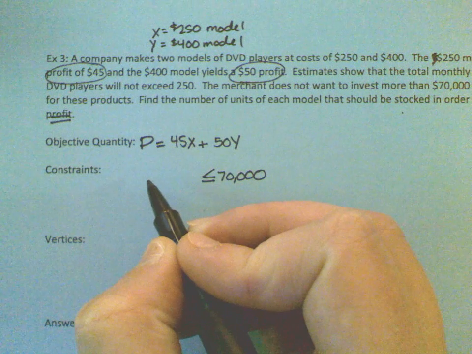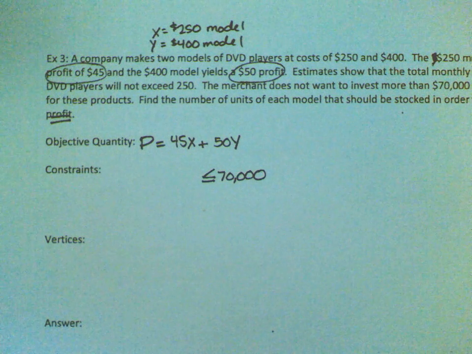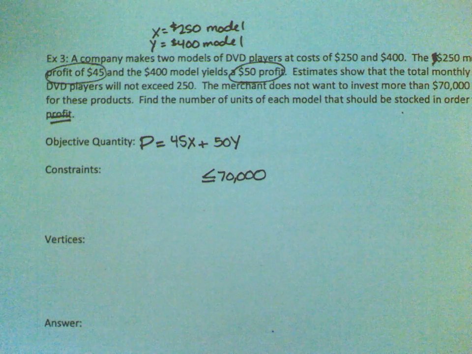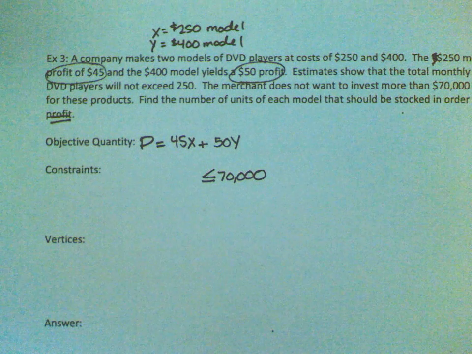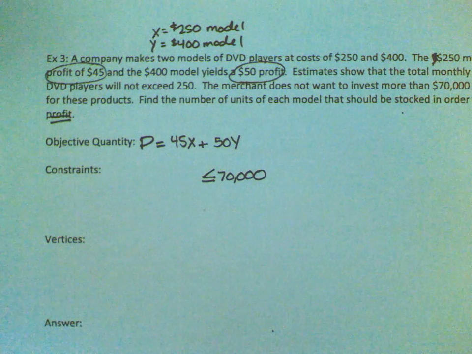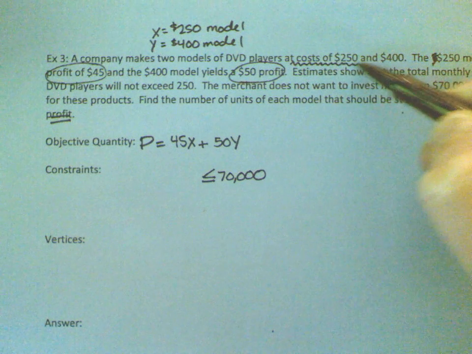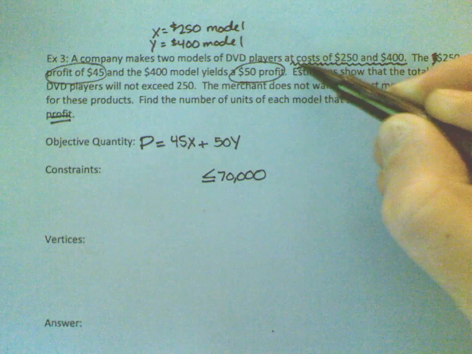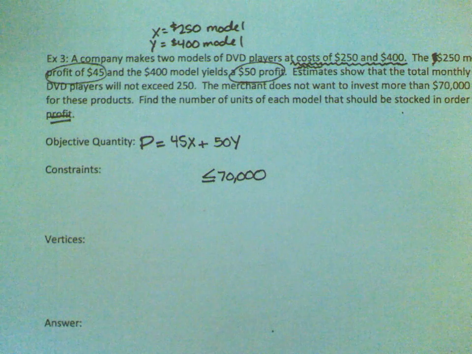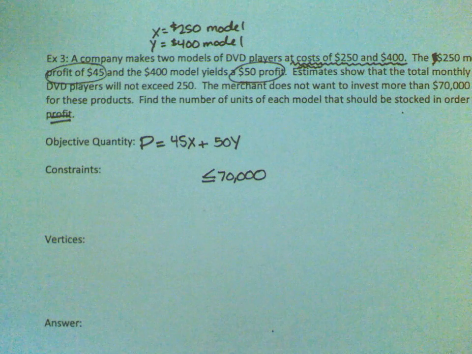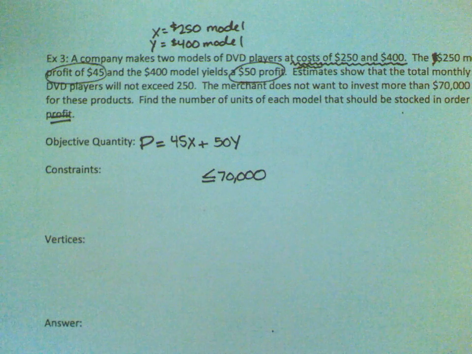205x plus 350y. Well, I'm reading up in that very first sentence. This one's a little bit funny. At a cost of $250. So I'm thinking about it like it costs them $250 to make that, and then it yields a profit of $45.